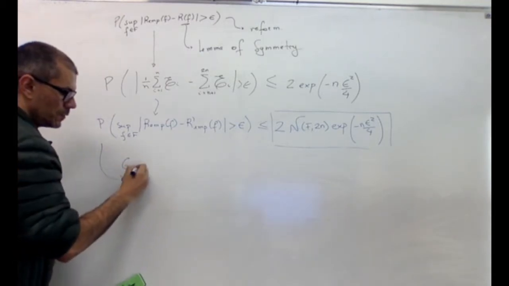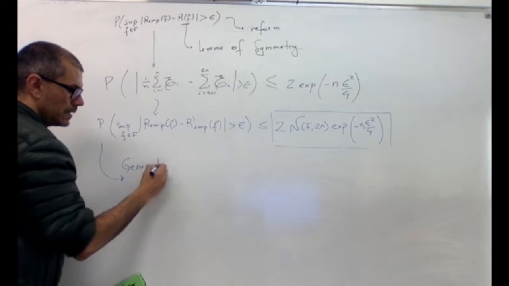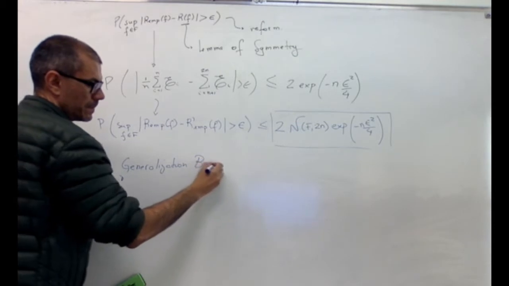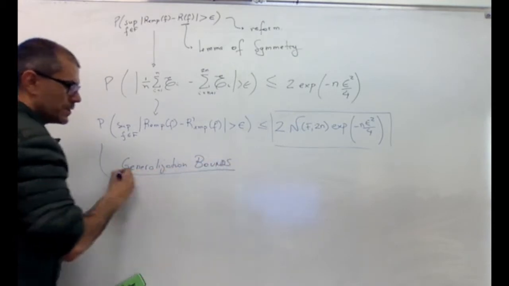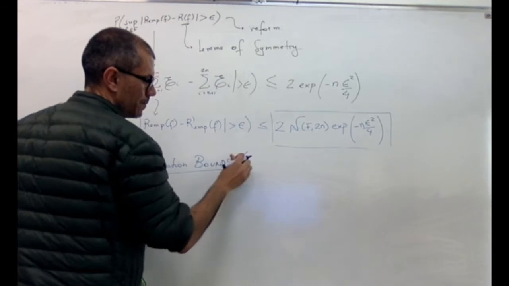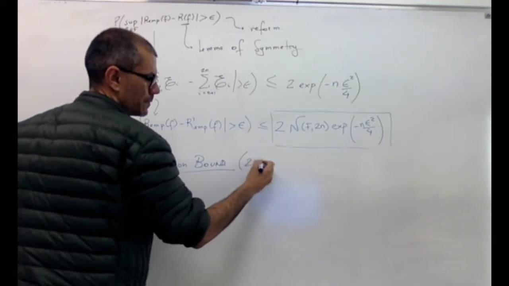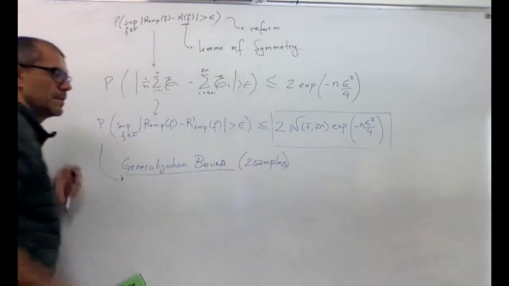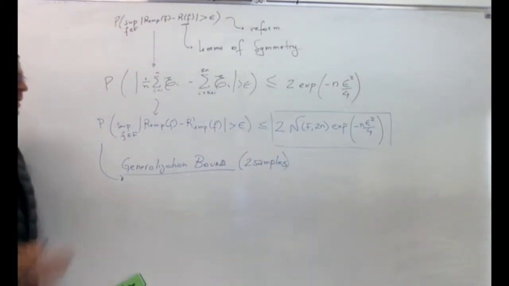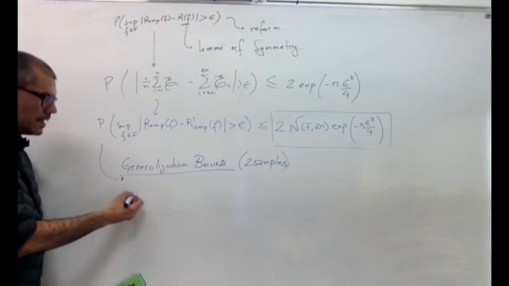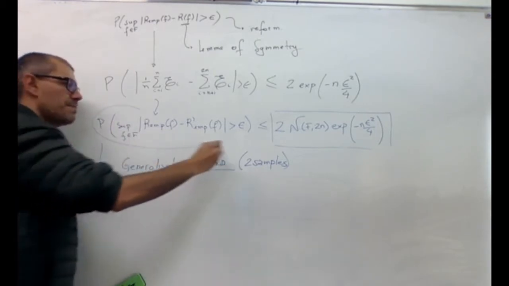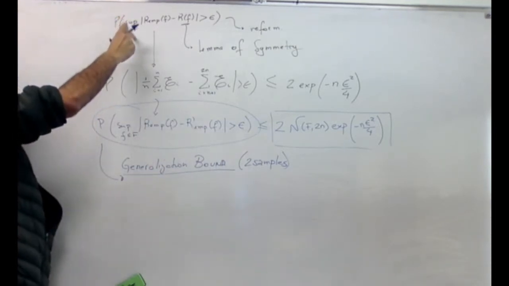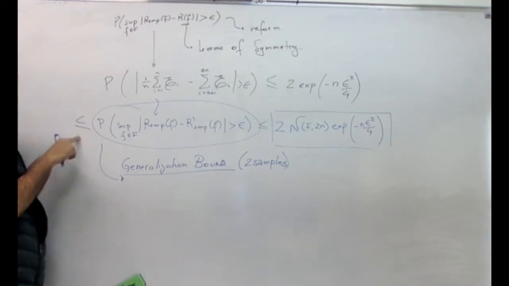The most traditional way of defining the generalization bound is this one. So when you go to books and papers, this is the most traditional way of showing the generalization bound for two samples. Actually, in this case it's for two, but we can extend it for more, of course. And usually, this is actually an upper bound of that.